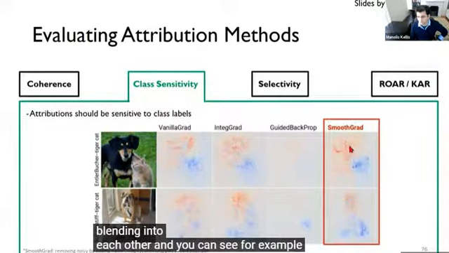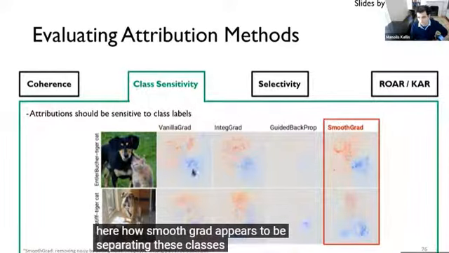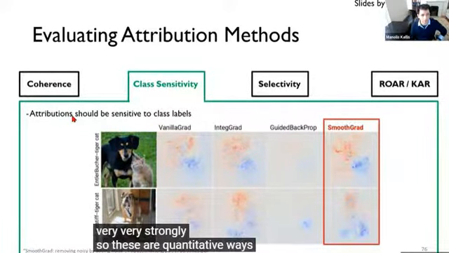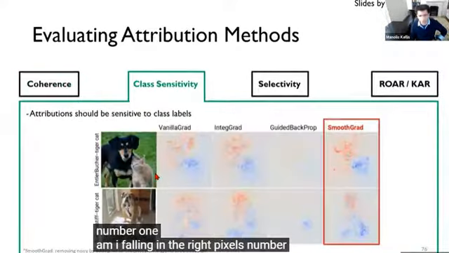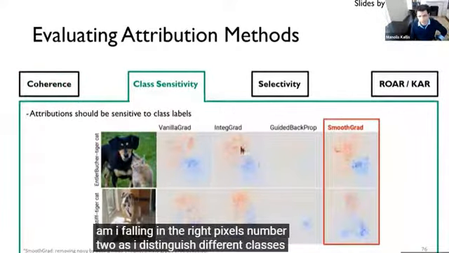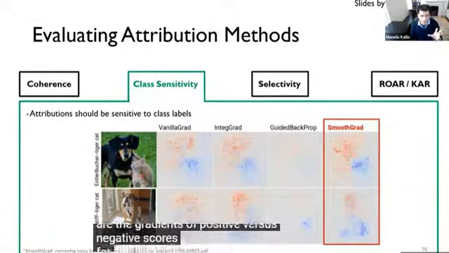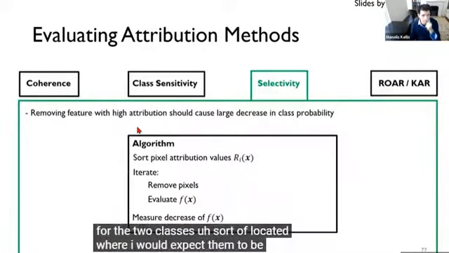And you can see, for example, here how SmoothGrad appears to be separating these classes very, very strongly. So these are quantitative ways of asking, number one, am I falling on the right pixels? Number two, as I distinguish different classes, are the gradients of positive versus negative scores for the two classes sort of located where I would expect them to be?